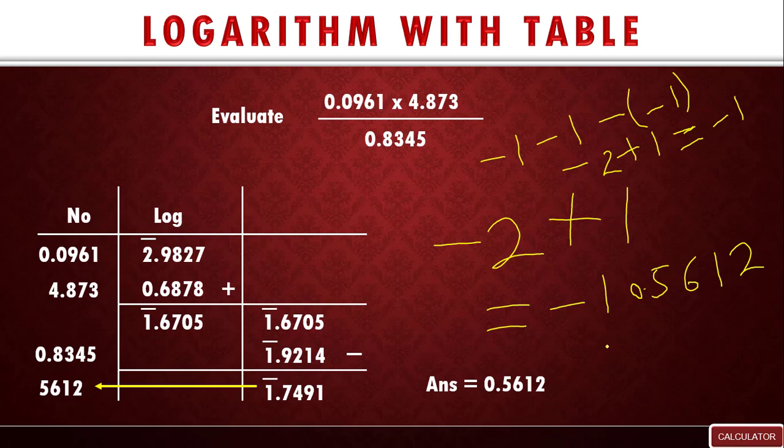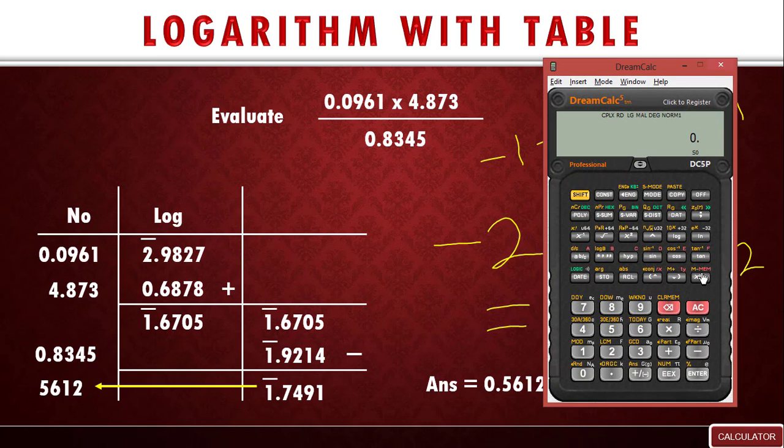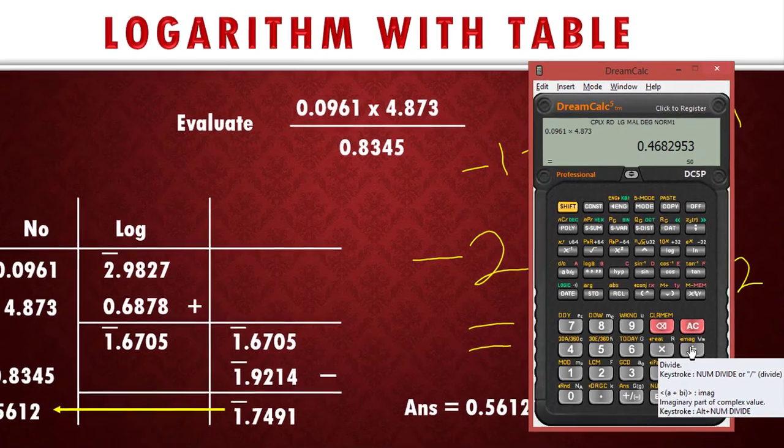Okay, if you are not sure of your answer, you can cross-check to see if you're correct or not using your calculator. So let's try to do that with our calculator. Find your calculator and then let's try to do that. 0.0961 multiplied by 4.873. Then you can press equals to first so as to avoid any confusion on your side.